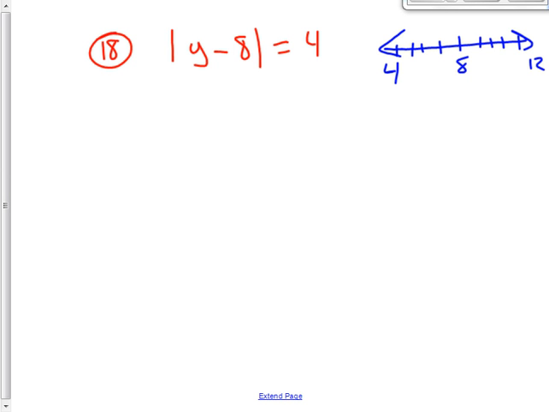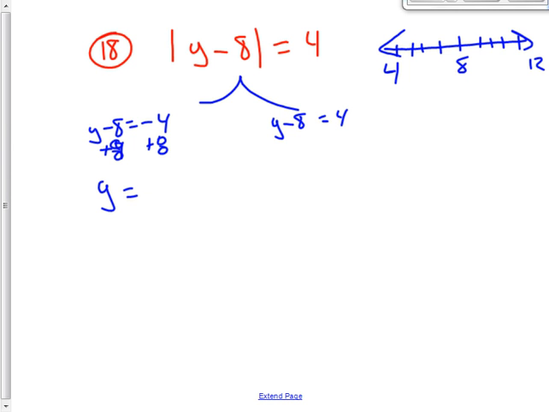Those should be my two answers. If I go y minus 8 equals the negative, I want to go left 4, and y minus 8 equals positive, I want to go right 4. Add 8 to this one, and I get y equal to 4. Add 8 to this one, and I get y equal to 12.